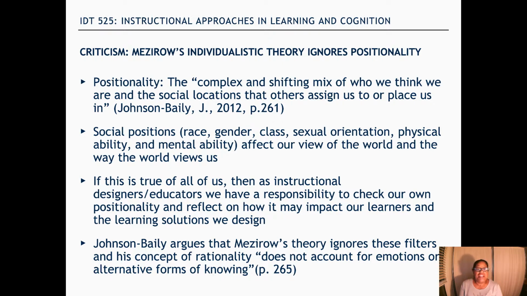She defines it as the complex and shifting mix of who we think we are and the social locations that others assign us to or place us in. Another definition is that positionality is the social and political context that creates your identity in terms of race, class, gender, sexuality, and ability status. It also describes how your identity influences and potentially biases your understanding of and outlook on the world.